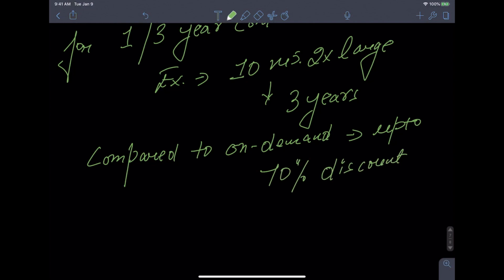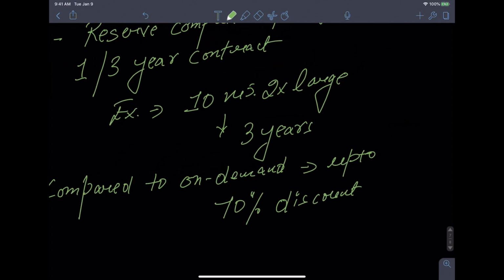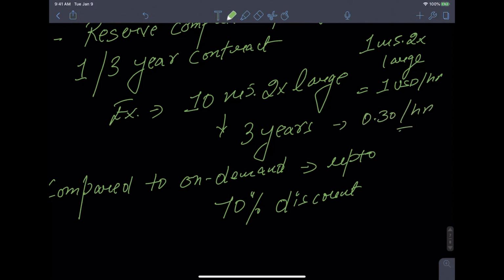For example, if one M5.2xlarge instance costs me $1 per hour, it might be that if I reserve it, I have to pay, let's suppose, 30 cents per hour.